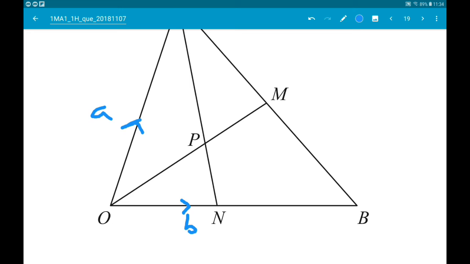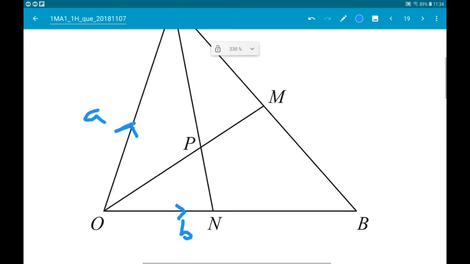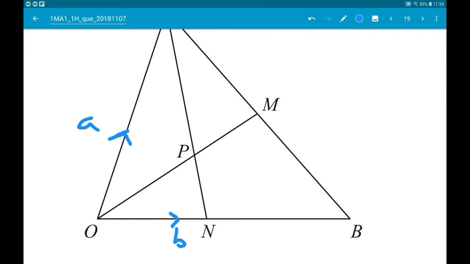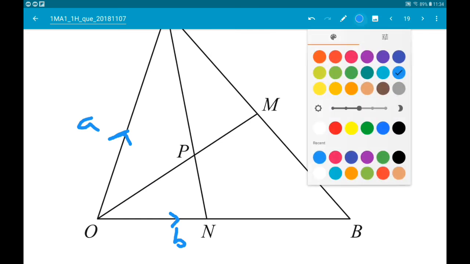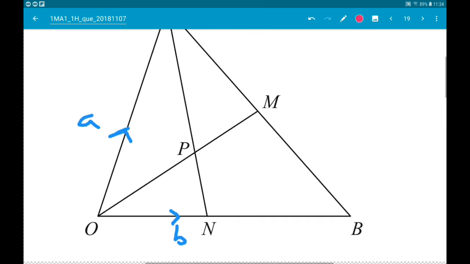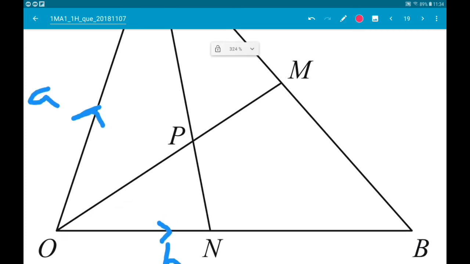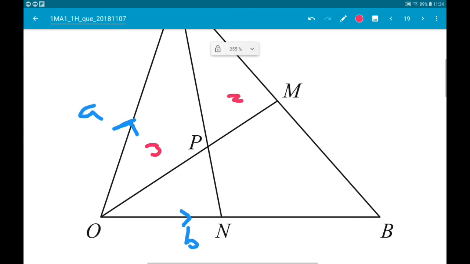We also know that OP to PM is in the ratio 3 to 2. So what that means is, altogether that line is in 5 parts. OP is 3 of those parts, P to M is 2 of those parts.